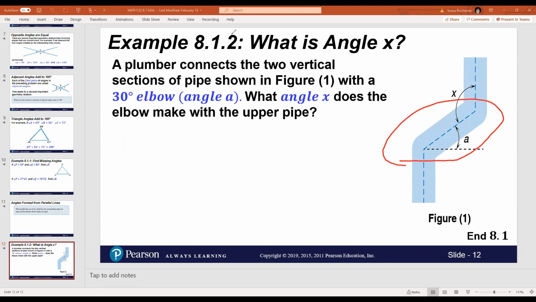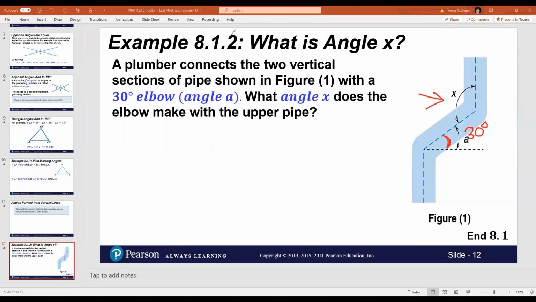That is this angle A here, right here. The angle A is 30 degrees, right here.